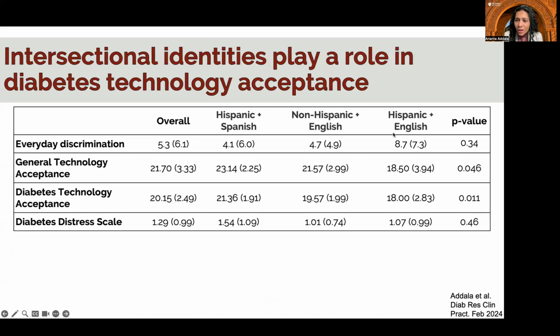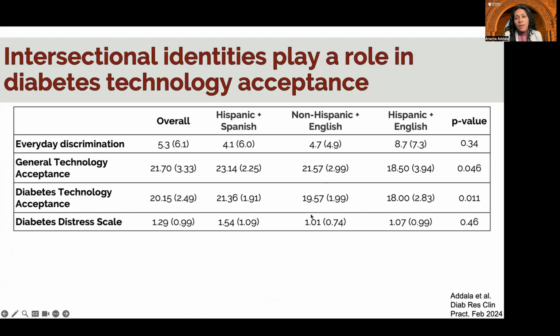Interestingly, our Hispanic parents who preferred English endorsed almost double the rates of discrimination as our Hispanic families who spoke Spanish. And interestingly, they had lower diabetes technology acceptance, statistically so, than their counterparts.